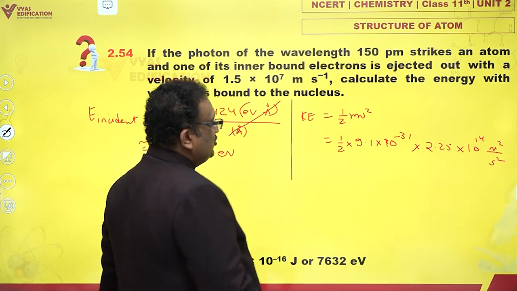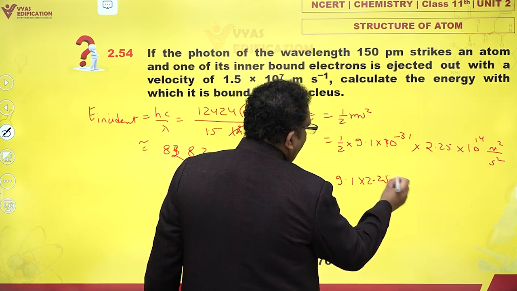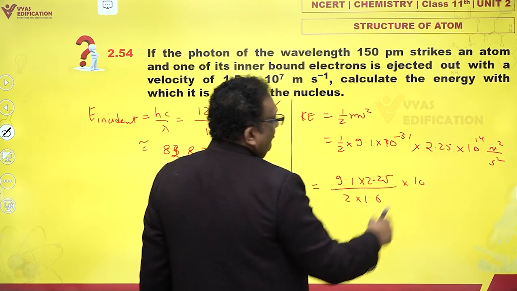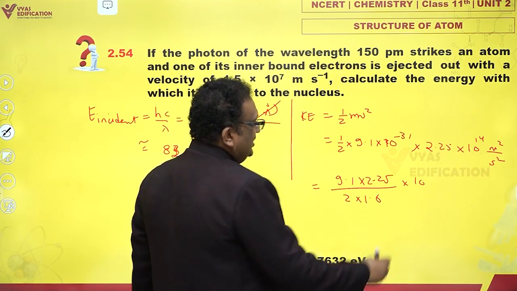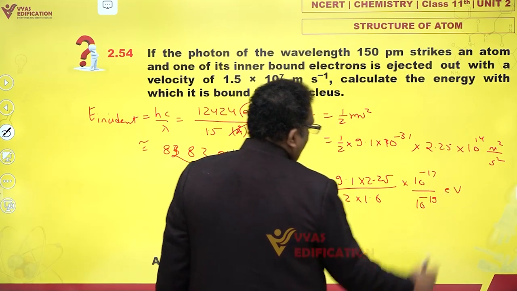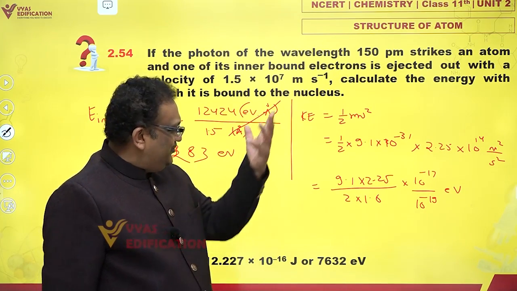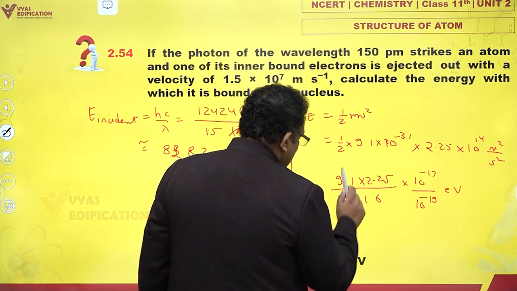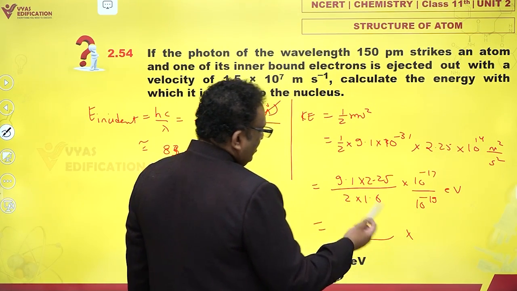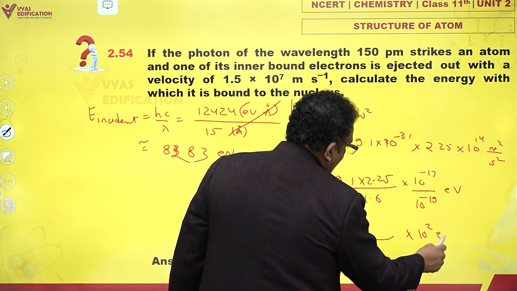If you wish to convert this to electron volts, yes, 9.1 into 2.25 by 2 into 1.6. 31 minus 14 would be 10 raised to minus 17 divided by 10 raised to minus 19. So many electron volts. Can we calculate that? Yes, why not? Something into 10 raised to 2 electron volts.